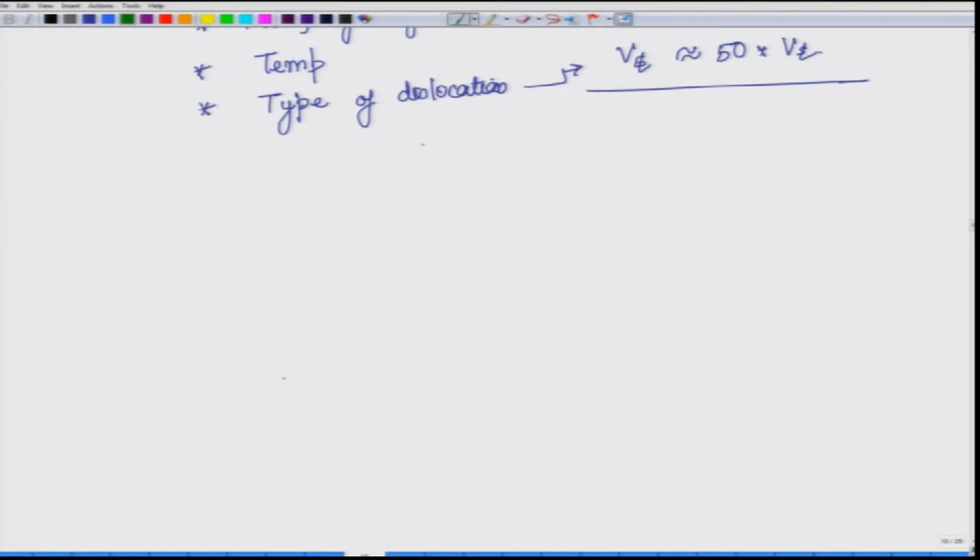So, an approximate plot can be made like this, where on the x axis you have shear stress and on the y axis you have velocity.